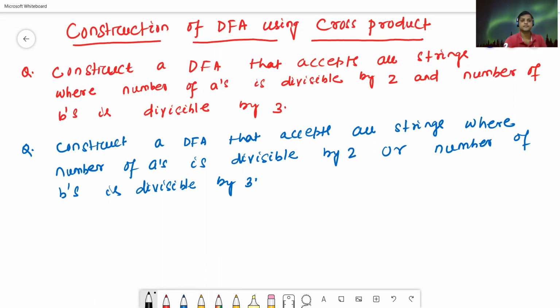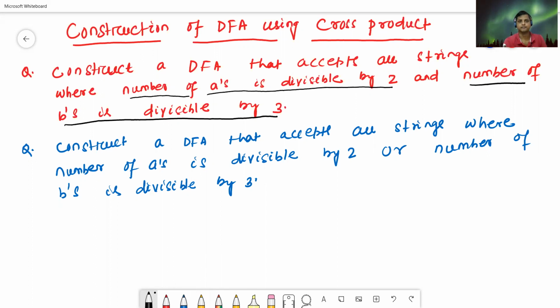The first question: construct a DFA that accepts all strings where the number of A is divisible by 2 and the number of B is divisible by 3. What is the meaning? In the previous class we discussed the construction of DFA only for a single case, either A is divisible by 2, or B is divisible by 3.